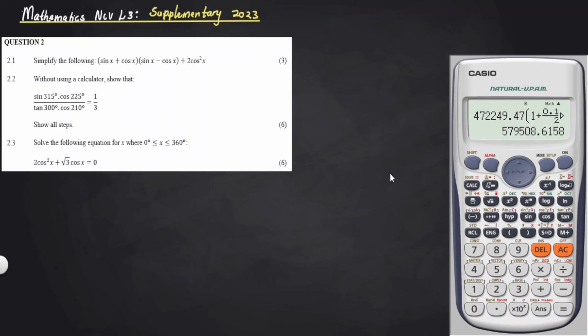a calculator. Okay, so we are answering question 2, still on the supplementary paper, and in the description box are my links for other questions in this question paper. All right, so we have trigonometry, 2.1 to 2.3.